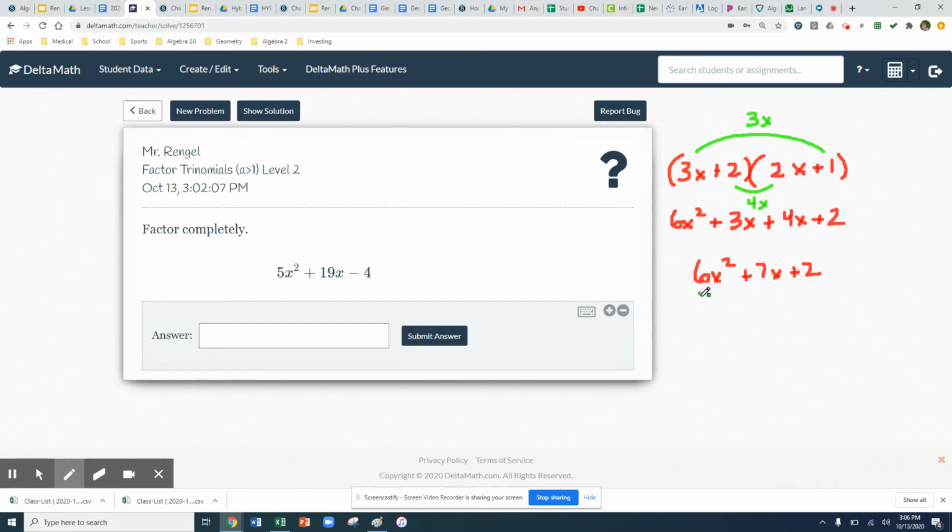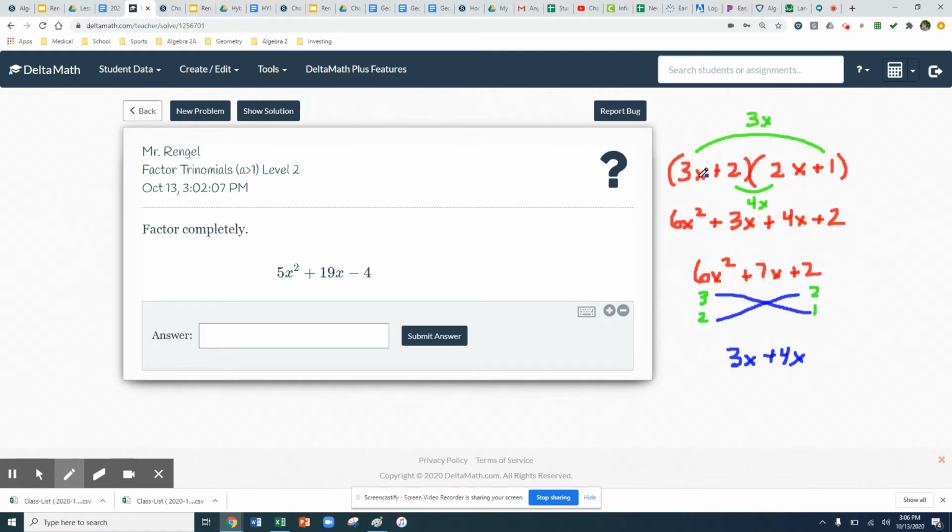Now once you've got your factors, 3, 2, 2, and 1, to check your outsides and insides of what would happen in FOIL, you can just check these diagonal factors. So 3 times 1, that's 3x. 2 times 2, that's 4x. That's exactly what would happen if you wrote out the binomials.